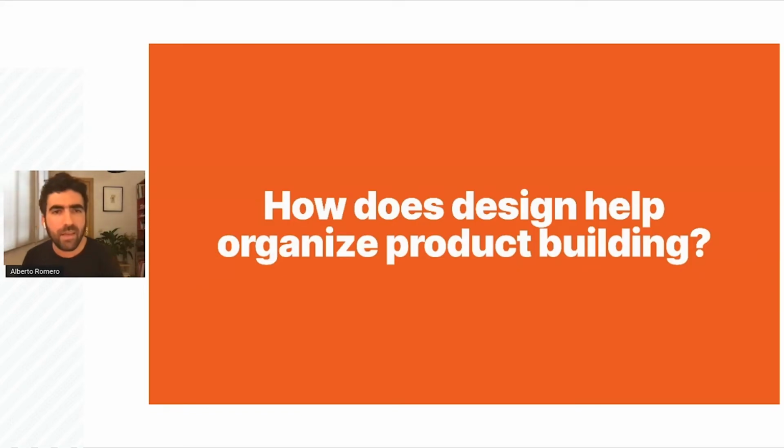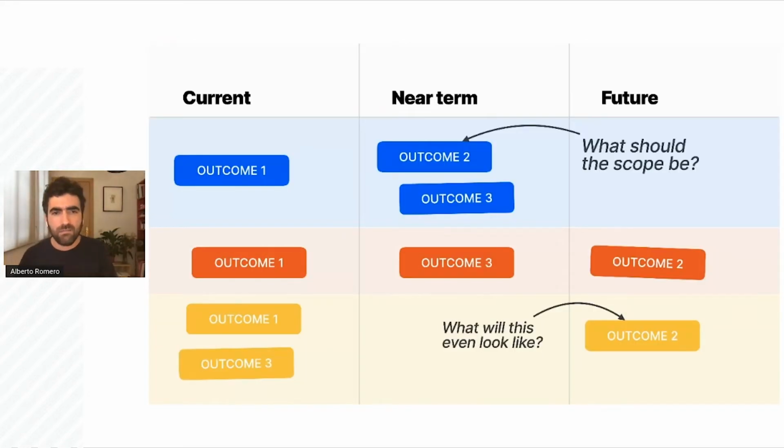So how does design help in this way of organizing product building? Well, as we saw in our example, there are some desired outcomes for the near term or future term that still have a lot of uncertainty around. So, for instance, maybe we don't know the scope, or we don't even know what something would look like.